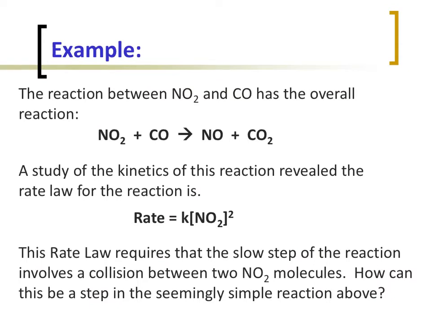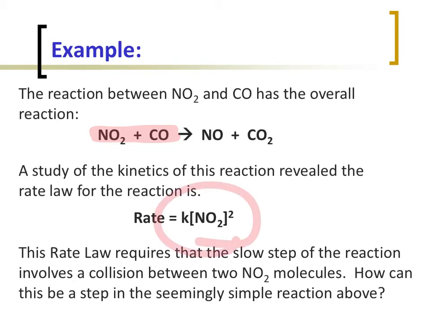So now let's look at an example where it is not clear yet what the rate determining step is. We're going to react nitrogen dioxide with carbon monoxide. And so the idea then would be, if it was the rate determining step, my rate law would be rate equals k times the concentration of NO2 to the first power and concentration of CO to the first power. But that's not what we have here.